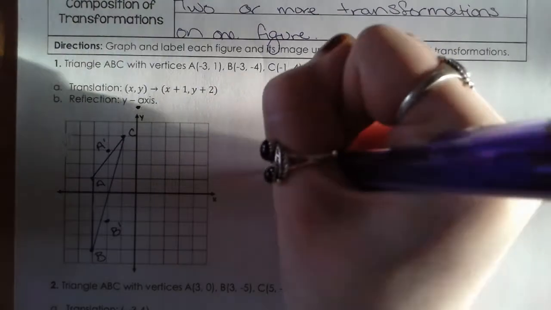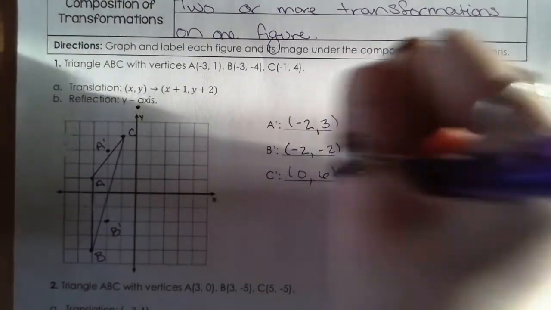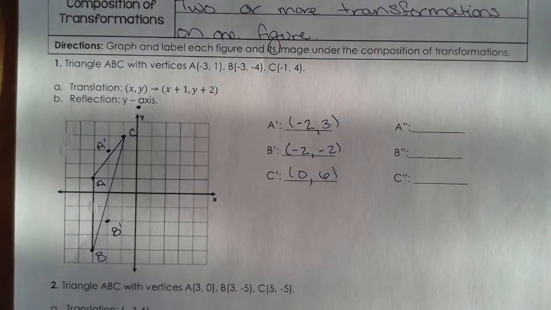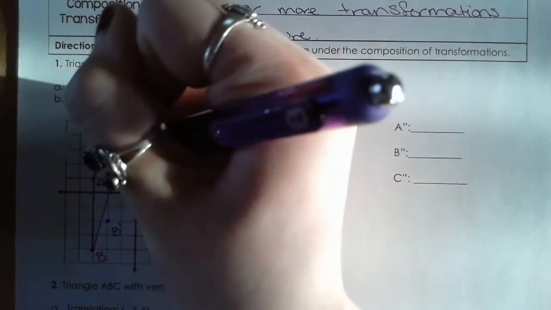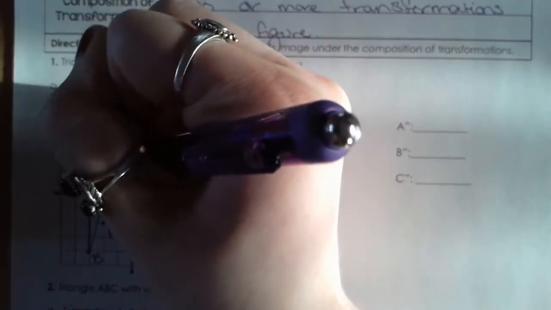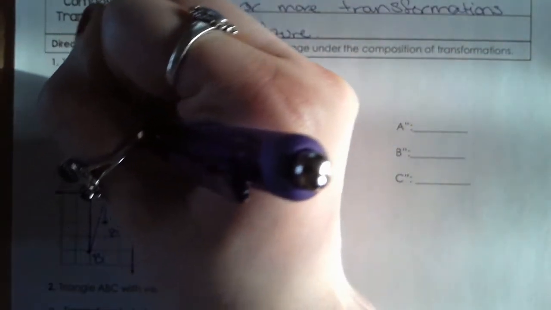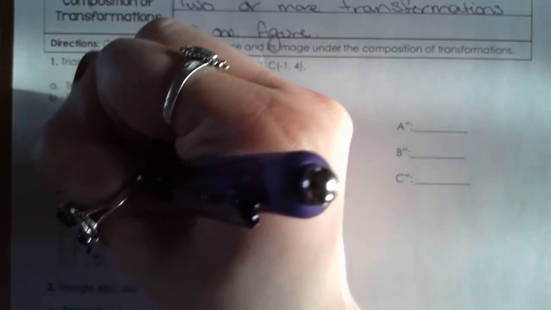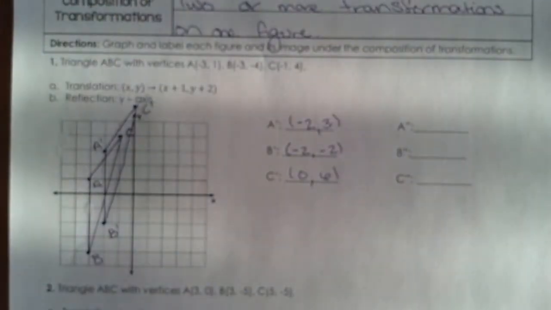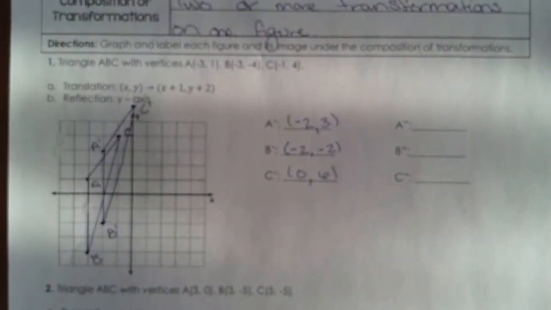So you can just kind of eyeball that, and you should get the points 0, 6. All right. Just going to connect these. And that is our first step.